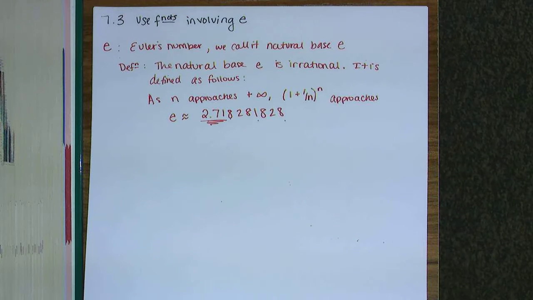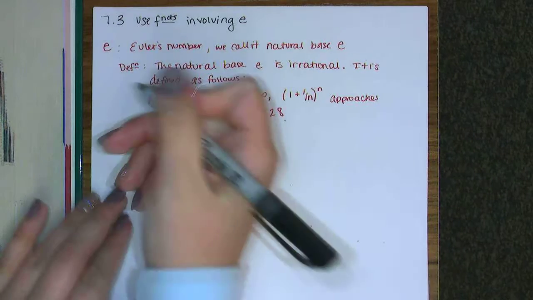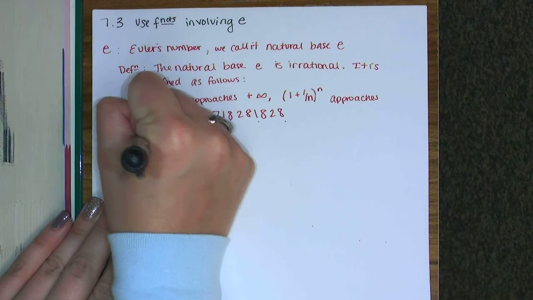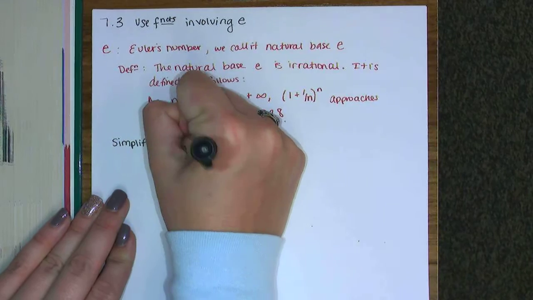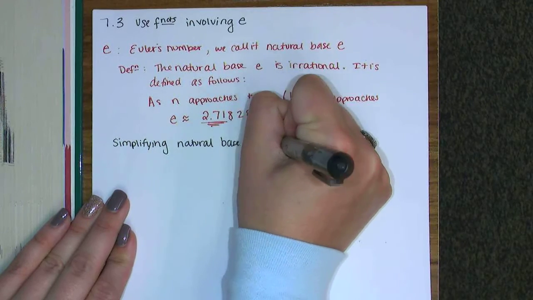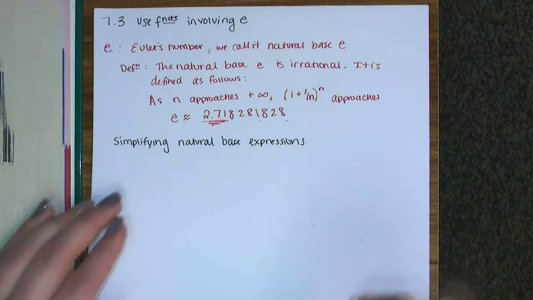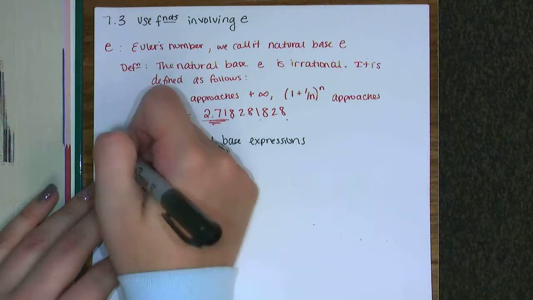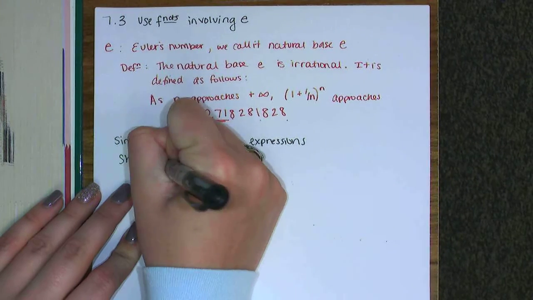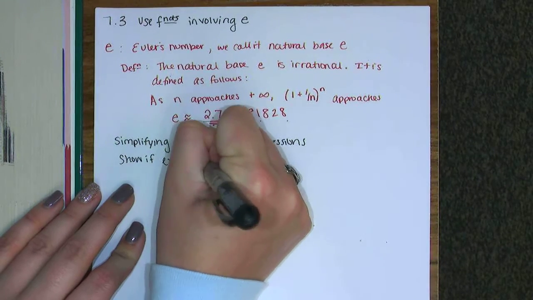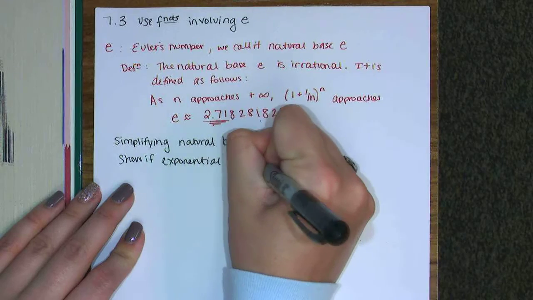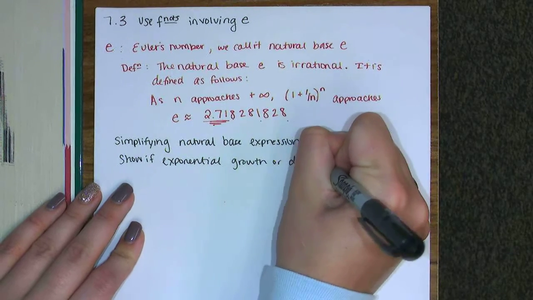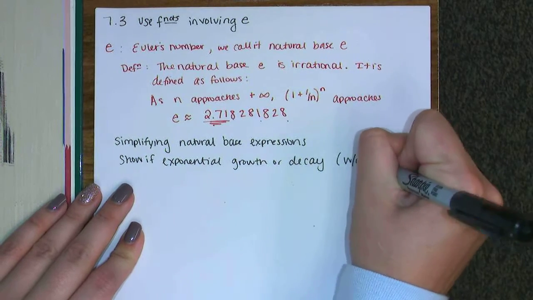Alright, so this section has a couple of things in it. We're dealing with simplifying natural base expressions. And then we're dealing with showing if it's exponential growth or decay, without graphing.